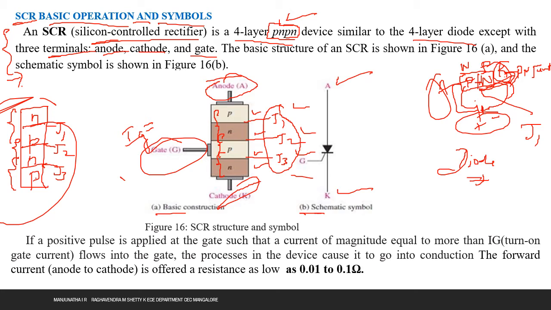From this gate current also it is possible to break down J1, J2, J3, junction 1, junction 2 and junction 3. Without the help of IG also we are able to break down J1, J2, J3, but if we take the help of the gate pulse, the gate current, or the gate voltage, then also we are able to break down the regions.